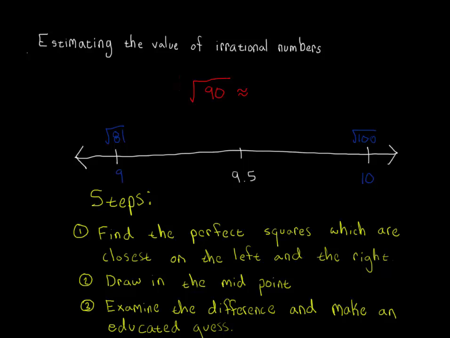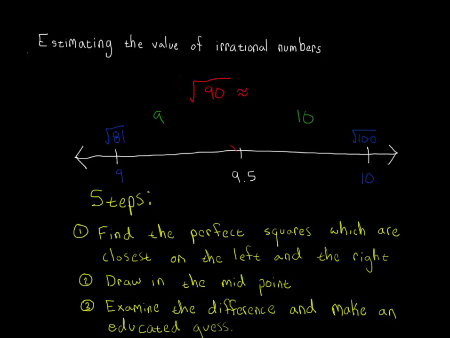And then the last thing we want to do is examine the difference and make an educated guess. So the difference between 81 and 90 is 9, and the difference between 90 and 100 is 10. So that tells me that the square root of 90 is closer to 9 than it is to 10, but it's really close to the middle because the difference is almost the same. It's only a little bit closer to 81 than it is to 100.